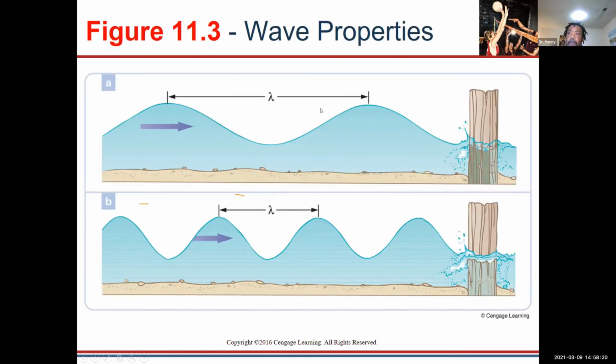So this is the wavelength, from peak to peak, or as I said, from trough to trough. And so these two waves have two different frequencies, right? So frequencies are just the cycles of a wave in a given time period.